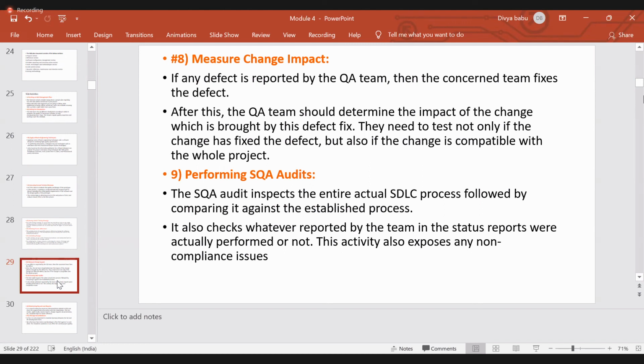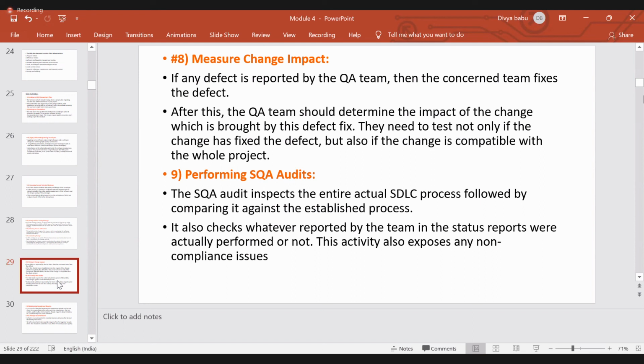You should check that, and study the impact on other areas of your project. You should not only focus on the change in bugs, meaning errors. You should focus on the impact also. You should study that impact factor.